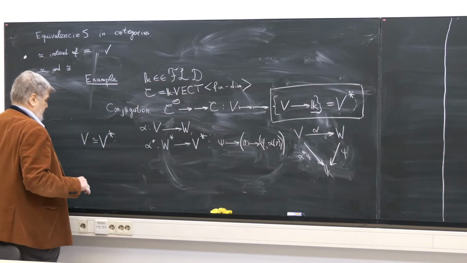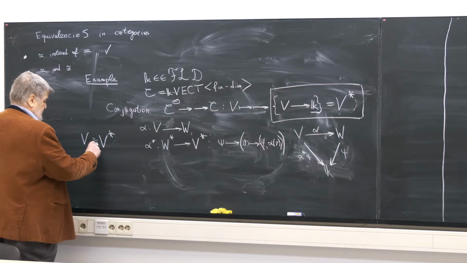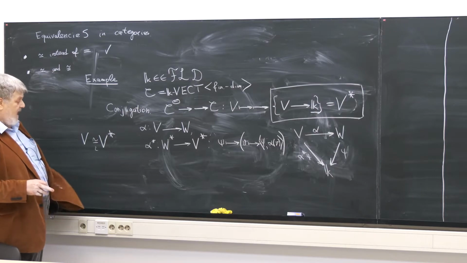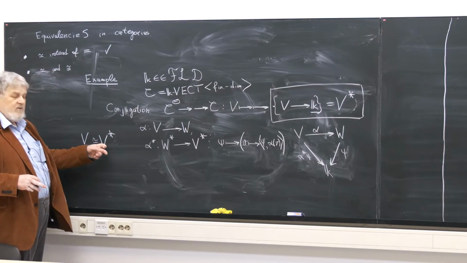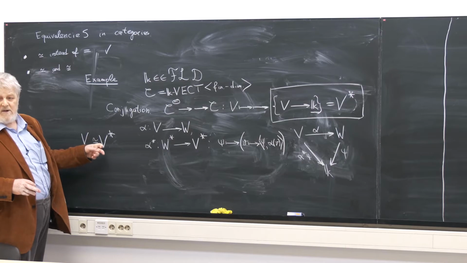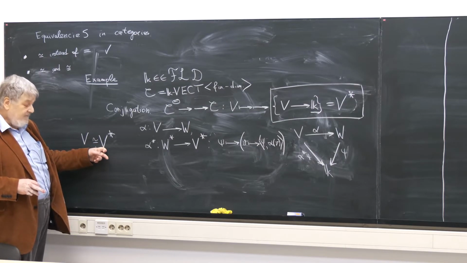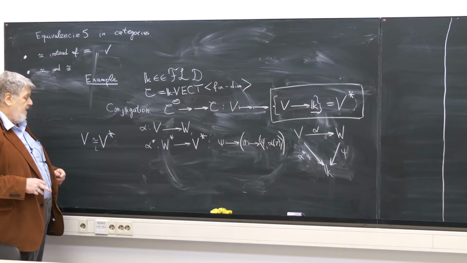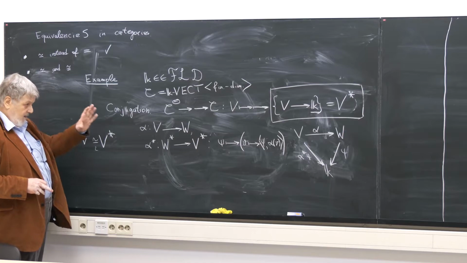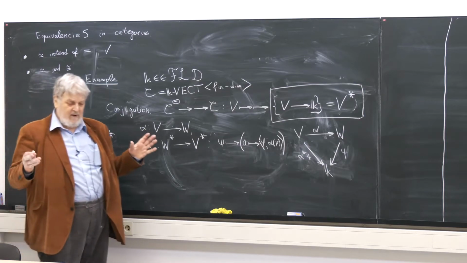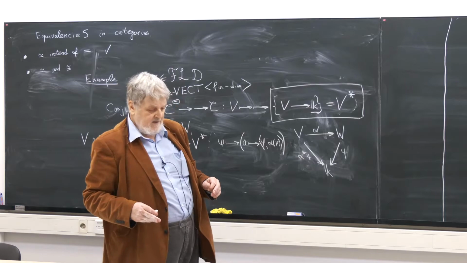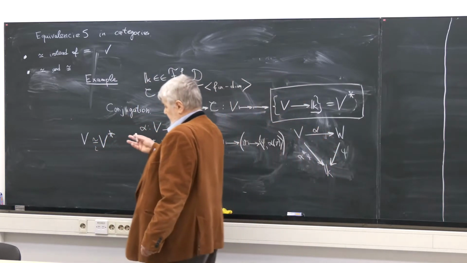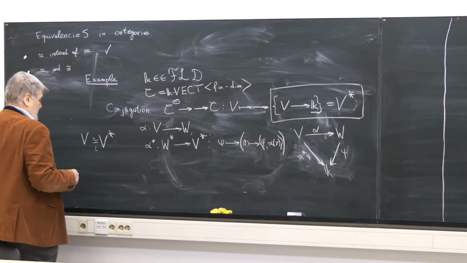I just give an obvious comment that if such an isomorphism is arbitrarily fixed, sorry, here is the point where we use the finite dimension, the fact that they are both finite dimensional. For example, using dual bases, it is easy to see that the dimensions of these spaces are the same, therefore they are isomorphic.